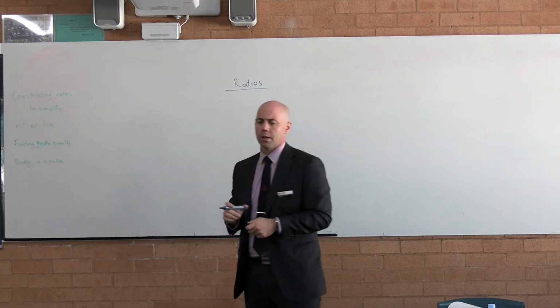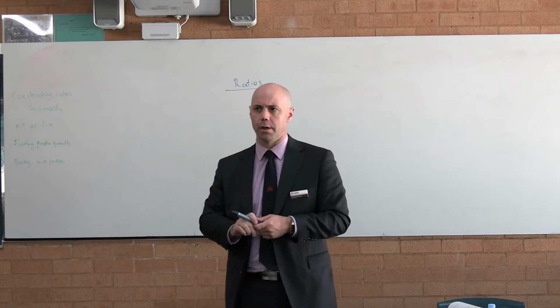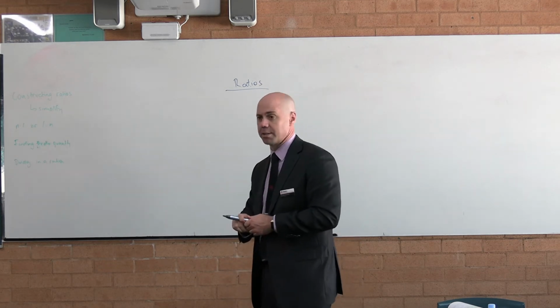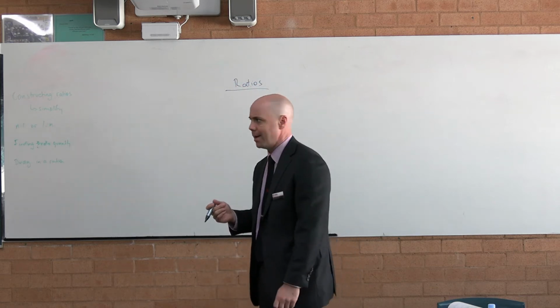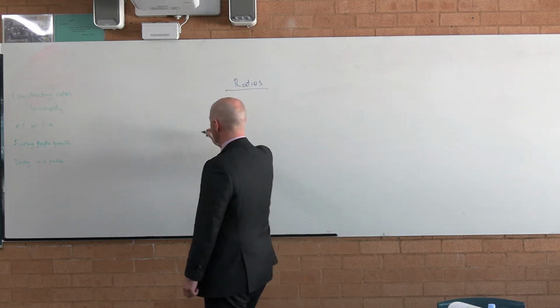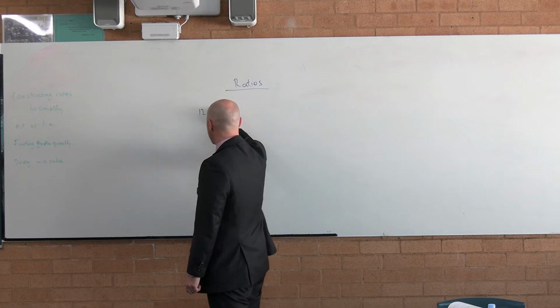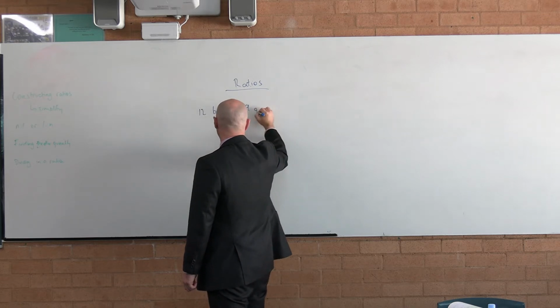So the first thing to mention is actually just constructing a ratio. How do we actually go about making a ratio? If we were to talk about a class of students, there are 12 boys and there are 9 girls.